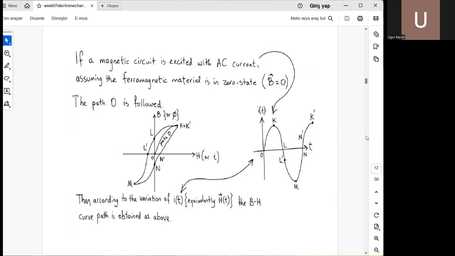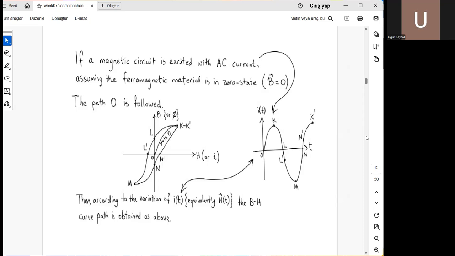As I told, if you apply a sinusoidal wave or any waveform with periodic cycle characteristics, like the one shown on the right side, when we increase from zero state to some maximum value, from point O to point K, which is the peak value, on the left side the hysteresis curve starts from the origin and reaches maximum B, maximum H value of K. And if the cycle returns back to zero, to point L, that L value on the hysteresis curve is not the origin.